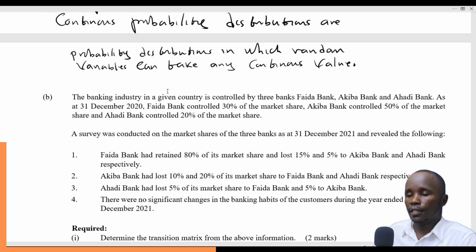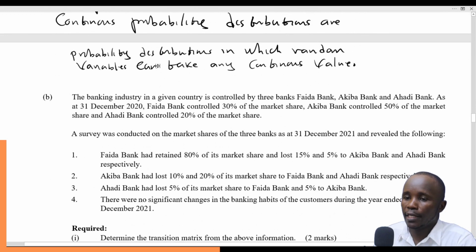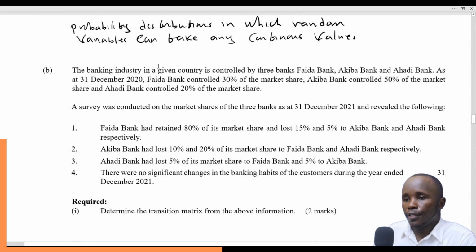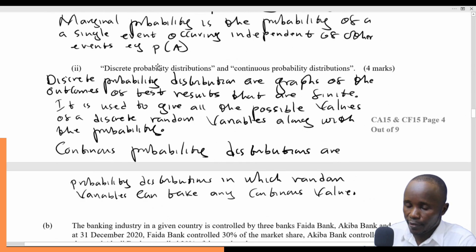Unlike discrete distribution, where it takes only whole numbers, a continuous distribution can take any values, even decimals. Good. That's what you're supposed to explain and score your 8 marks.